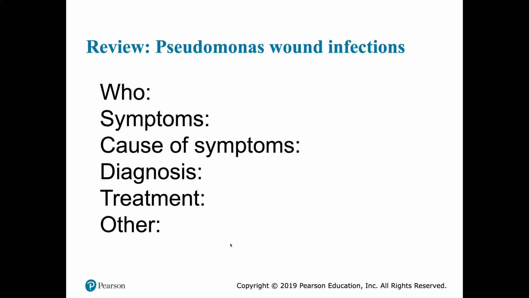If the wound isn't treated, we could run into a whole bunch of other issues. We'll get to that in a minute. The cause of the symptoms: I mentioned that there are enzymes that break down tissue. They make endo and exotoxins. These guys are unique in that they make both exo and endotoxins, and they're really good at forming biofilms.